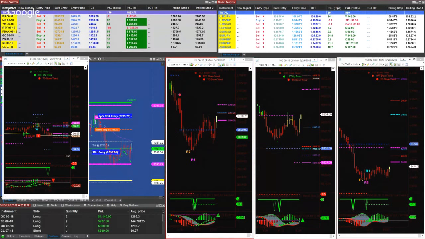If you look at it, the entry is 69.45.25, and the target is 88.50. So this is 28 ticks so far on the Nasdaq on the market analyzer, the automated trading. But for manual trading, I can override that.